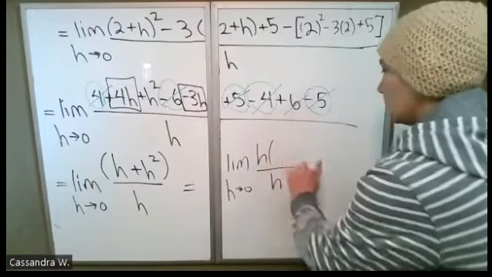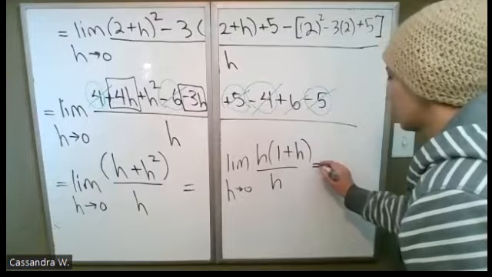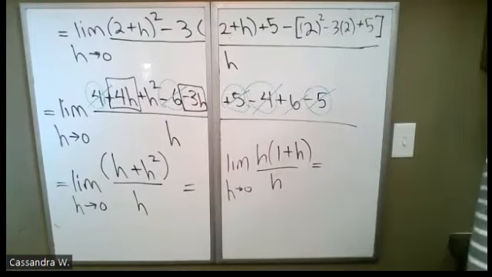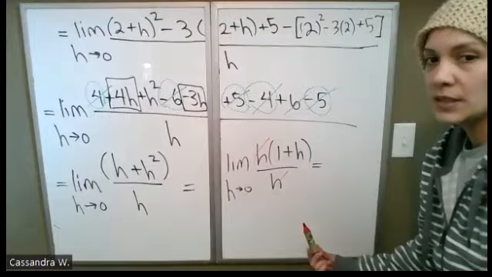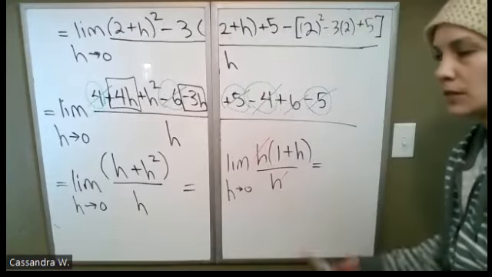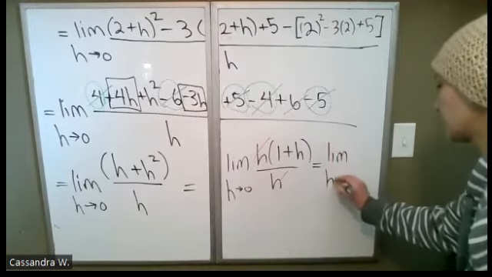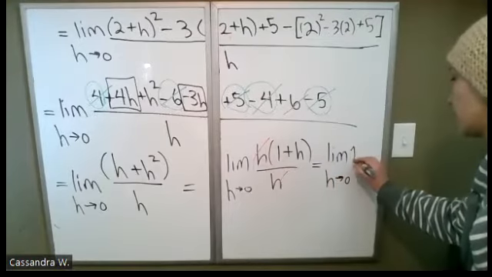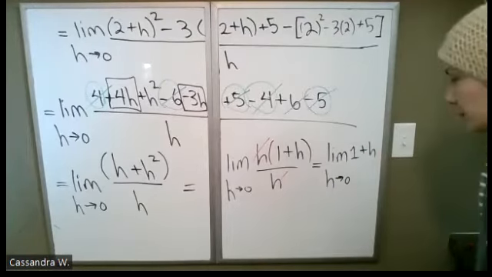It's not a big deal, but still. Okay, this is the limit as h goes to 0 of 1 plus h, which would be 1.